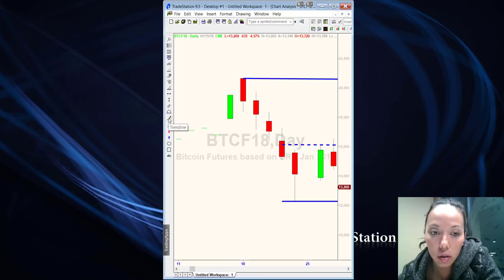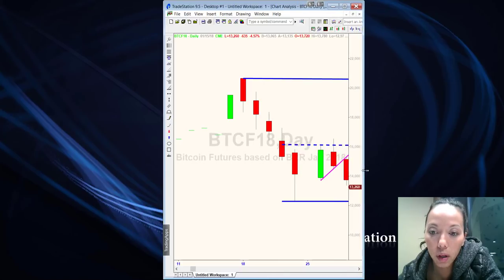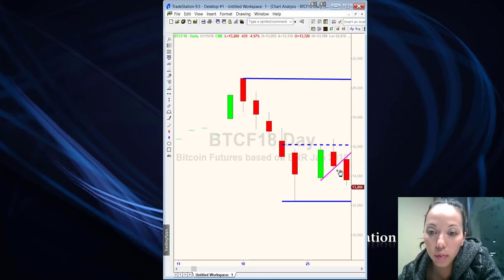and if you want, you could start an uptrend trend line. Nope. There you go. The low is broken again.